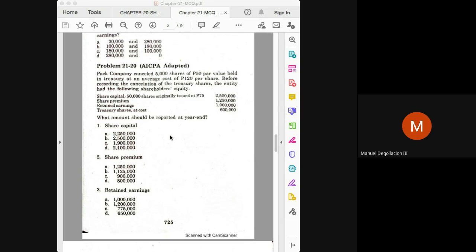Okay, so since the average cost of our treasury shares was 120, you multiply 120 by 5,000, you would get 600,000, which is the value given also in the problem. So this amount will be credited, since we will be derecognizing the treasury shares since they are going to be cancelled.